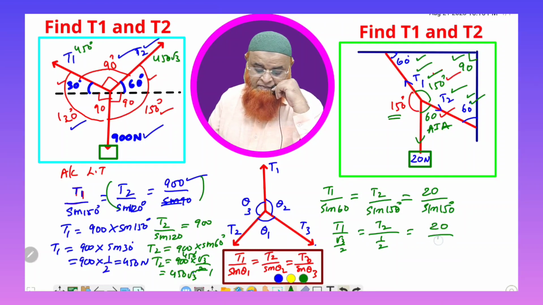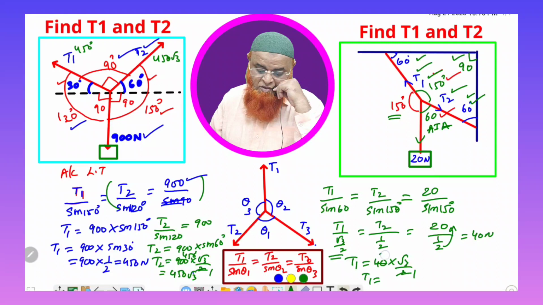This is 20 by again sine 150, which is 1 by 2. So this 2 comes to the numerator and becomes 40 newtons. So now you can take T1 is equal to 40 into root 3 by 2. Therefore we get T1 is equal to 20 root 3 newtons.